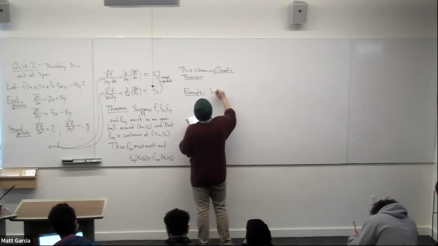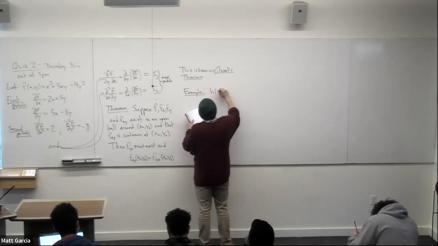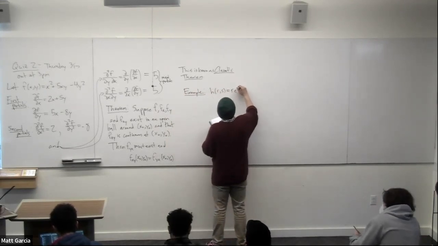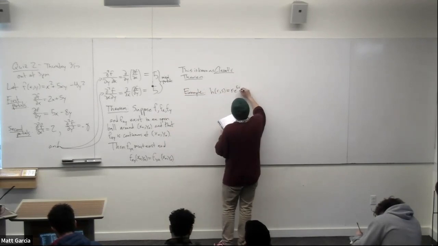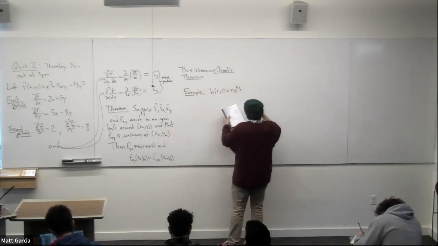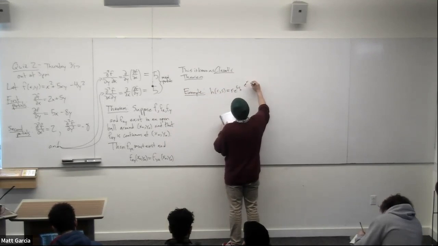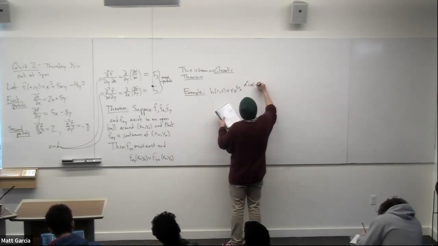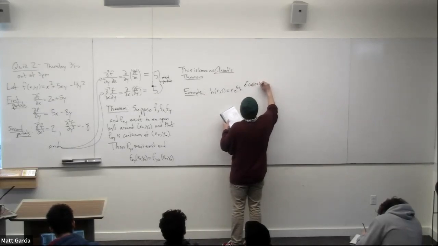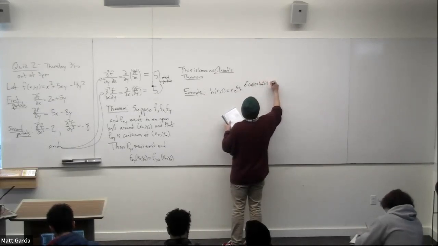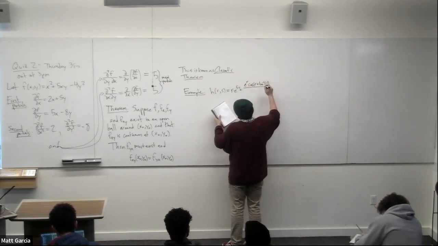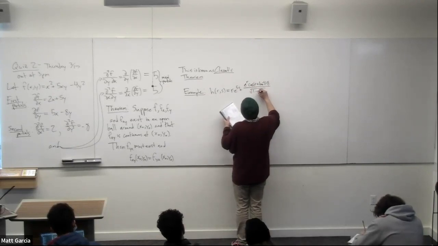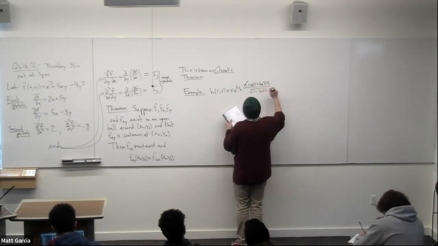So let's let h of variables r and s be equal to r times e to the 5s plus e to the r cosine of r plus the inverse tangent of r divided by the square root of 1 minus ln of r.